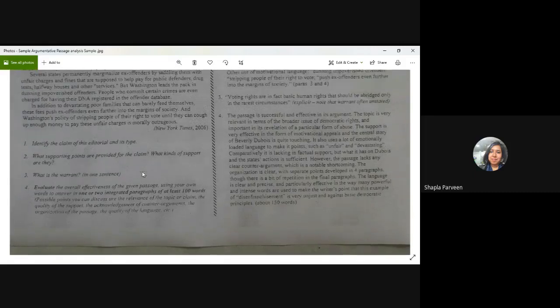Okay, then the third question is, what is the warrant in 1 sentence? So as I explained, the warrant is an additional statement that glues or connects the supporting points to the original claim statement. If the supporting points are not enough to convince the readers into believing in the writer's own viewpoint, then you need a warrant sentence, and the warrant will be given in the passage, in these types of passages.